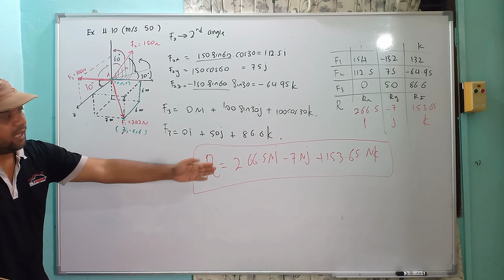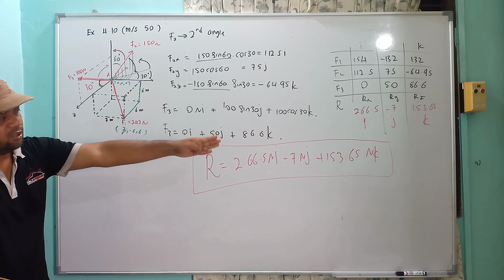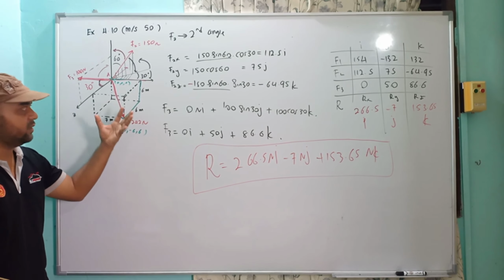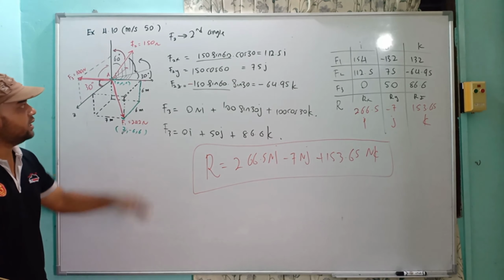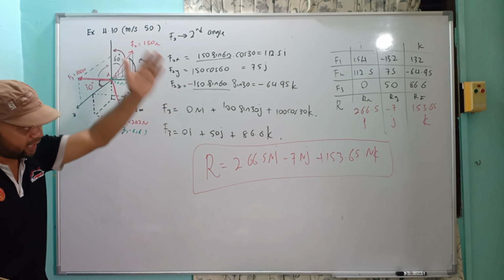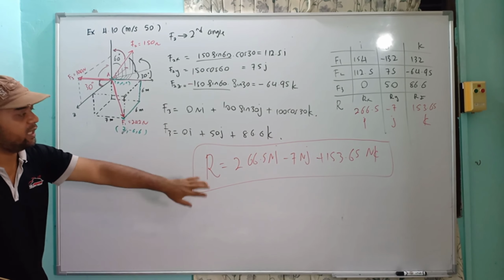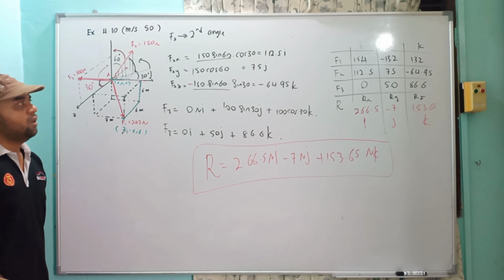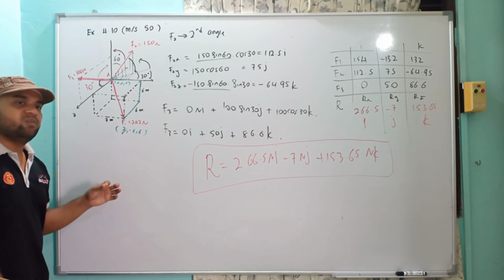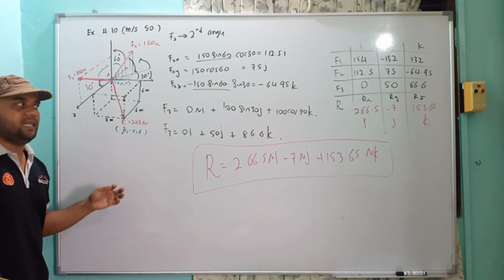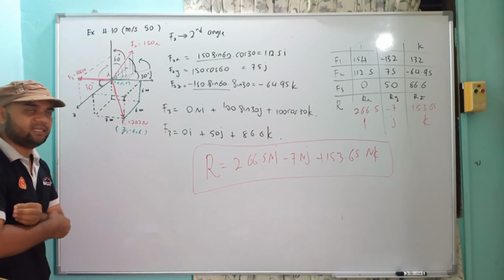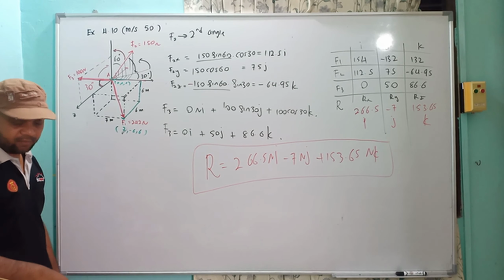So the first one, you have to identify and resolve into IJK, each component, put it in a table, add up everything in I, J and K, and then you get the answer. Second question is, what is the angle between the x-axis and the R?